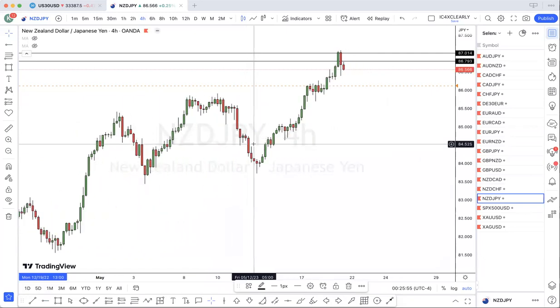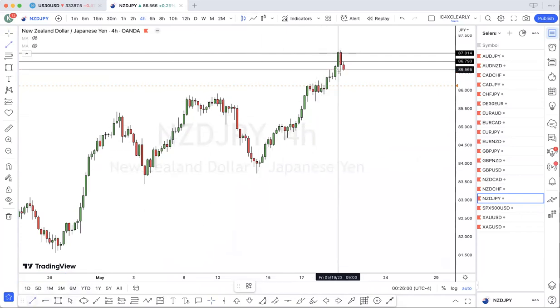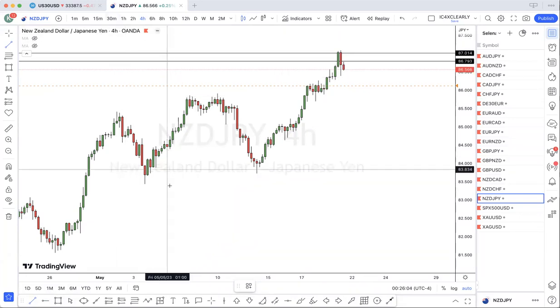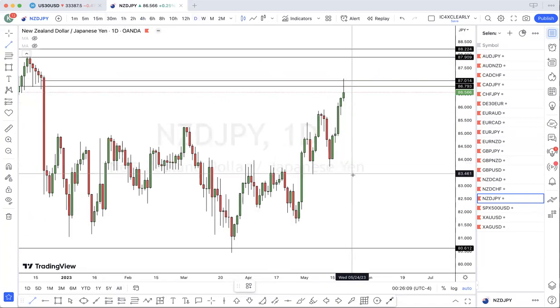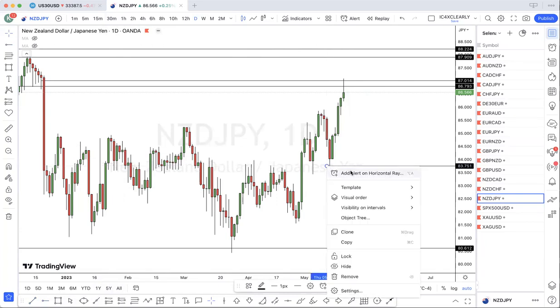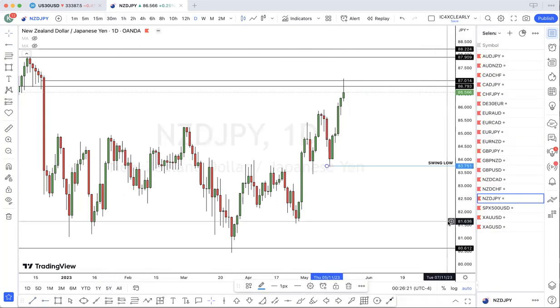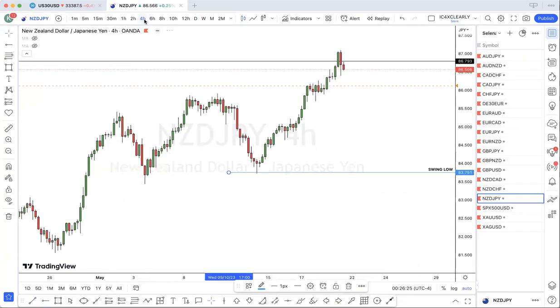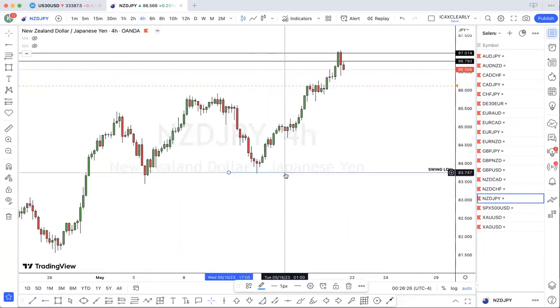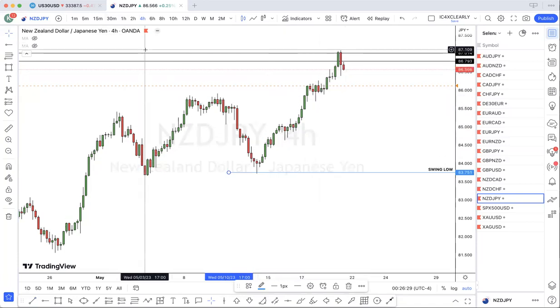So, with that being said, and although price is bullish, price has not broken structure quite yet. So, right now, this is our last swing low. Okay. 4 hour. That's our last major swing low.